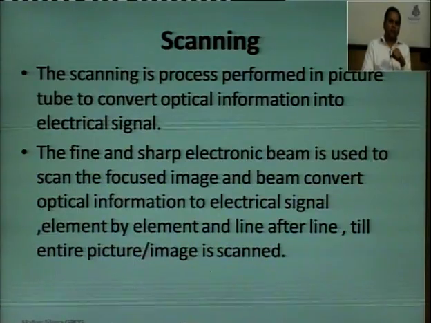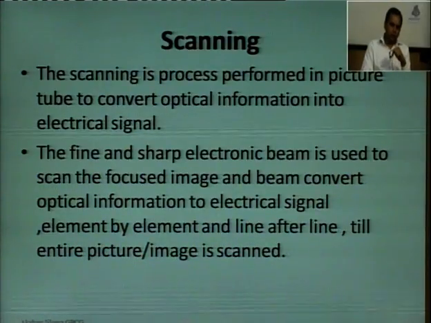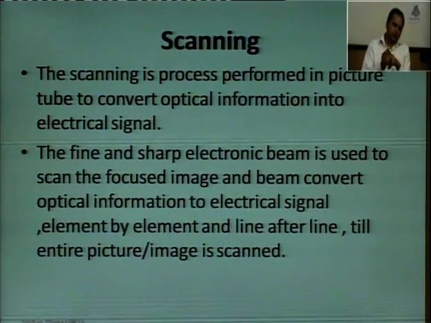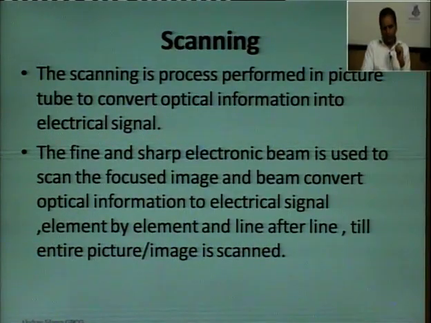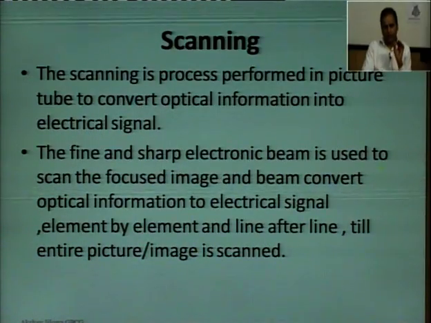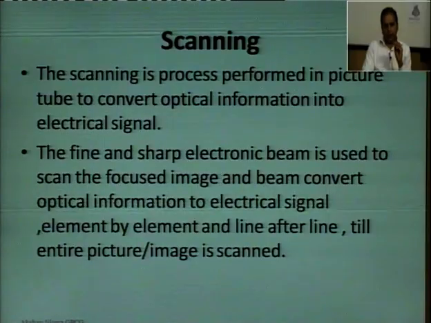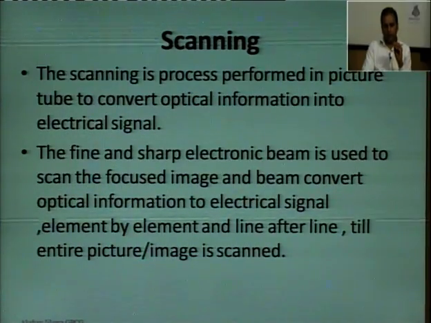The fine and sharp electron beam is used to scan the focused image, and the beam converts optical information to electrical signal element by element and line after line till the entire picture or image is scanned.